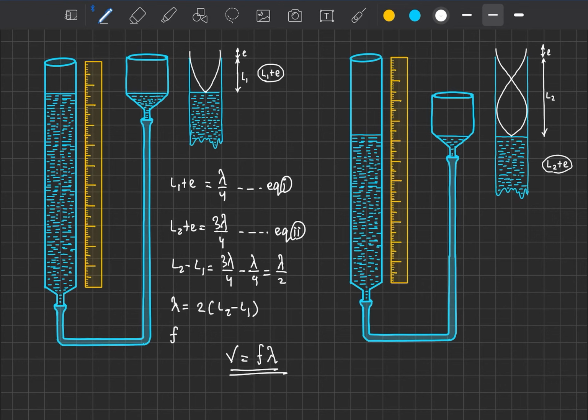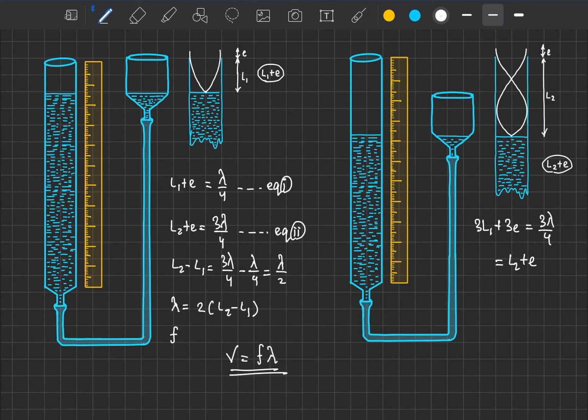Now if this question is asked in any JEE exam, they may ask you the end correction also, or they may ask you at what height from the open end there will be a pressure node or a displacement antinode, like that. So how to know that? From these two equations we can find E also. How? Let's multiply the first equation by 3. So we get 3L1 plus 3E equals 3 lambda by 4, which also equals L2 plus E, right?